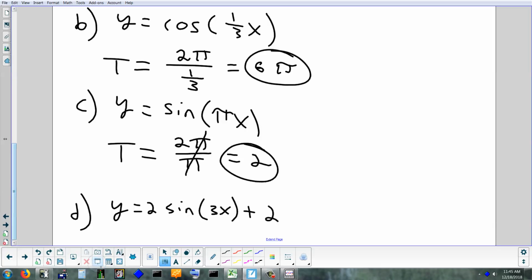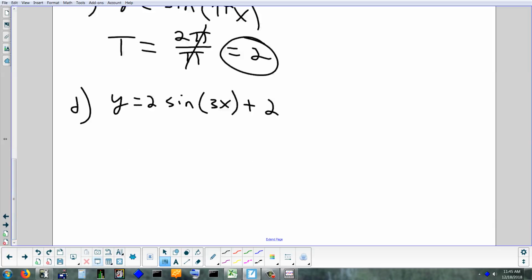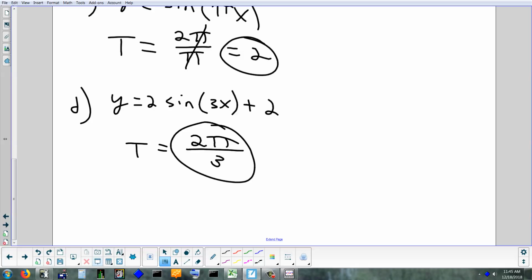All right, and what about this one? There's a lot of stuff happening, but just focus on the one number that's important for us and what to do with that number. Put it under 2 pi. That's your period. There's a vertical shift 2 units up. There's also an amplitude change.